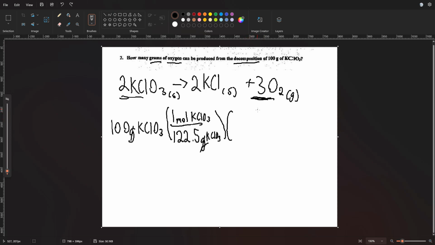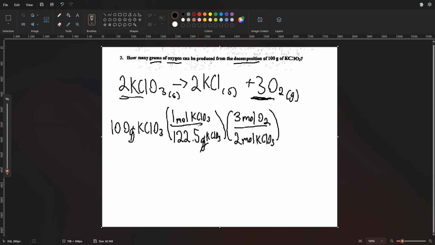So what we're looking for is oxygen, so that's going to be our numerator, that's going to be our end result. So we have to keep this ratio of 3 parts. So for every 3 moles of diatomic oxygen, there are 2 moles of potassium chlorate.